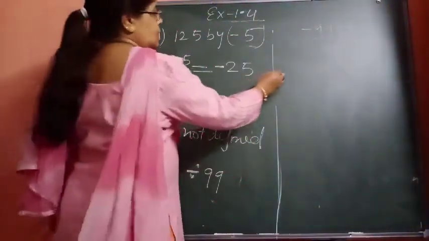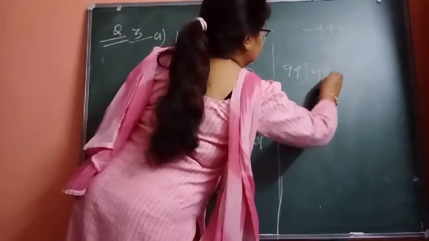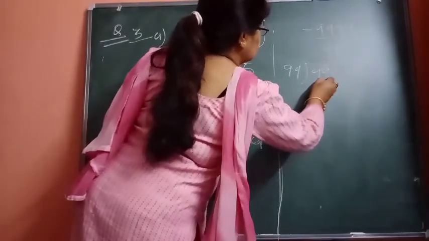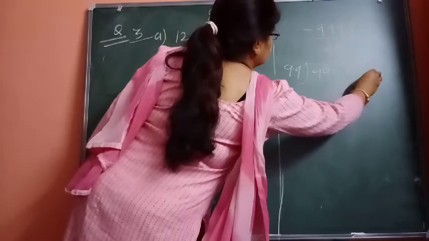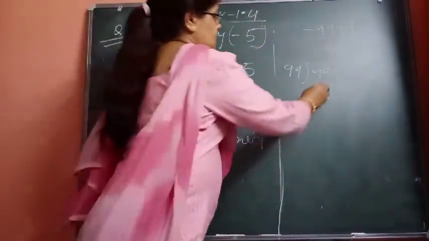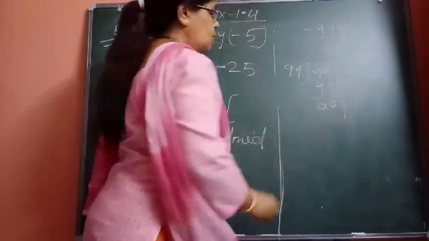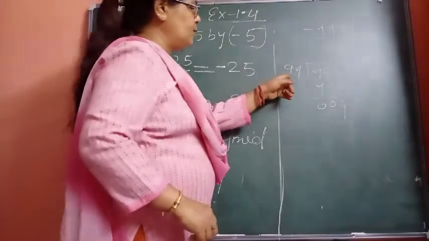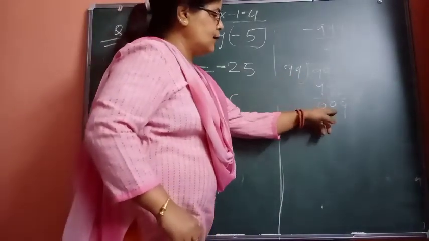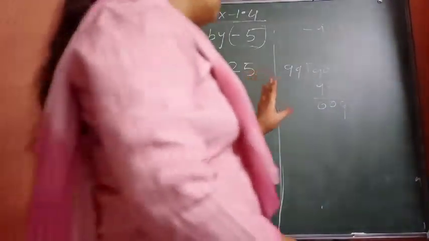99 divided by 9999. First make division in this 99. 99 1 is 99. Now here 0 and 0. Bring 9 down here. Always one number we are bringing down. So 99 cannot divide 9 because 9 is not in the table of 99.